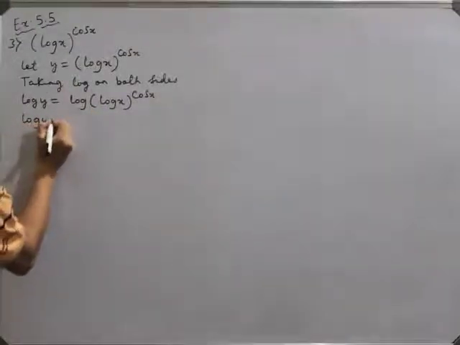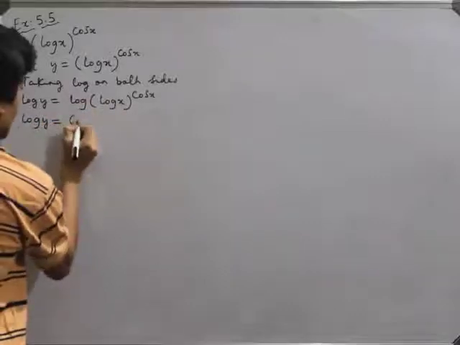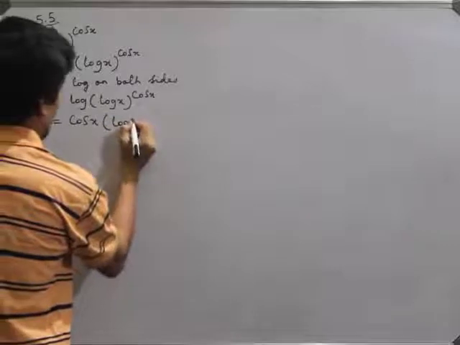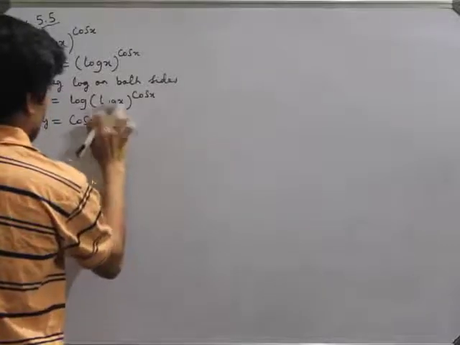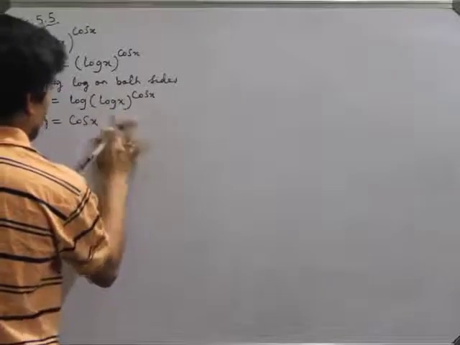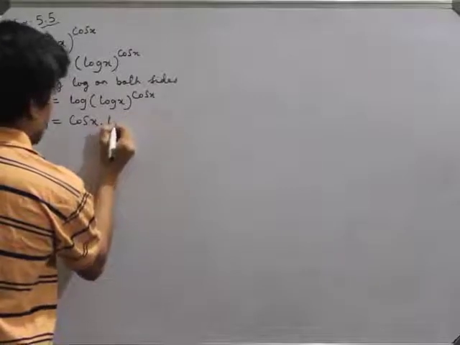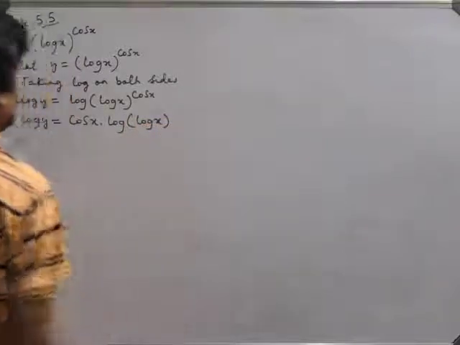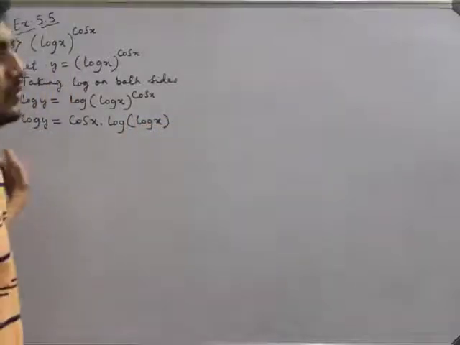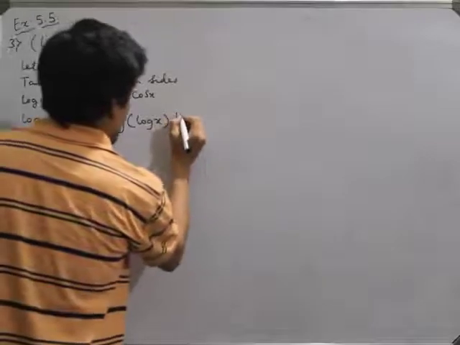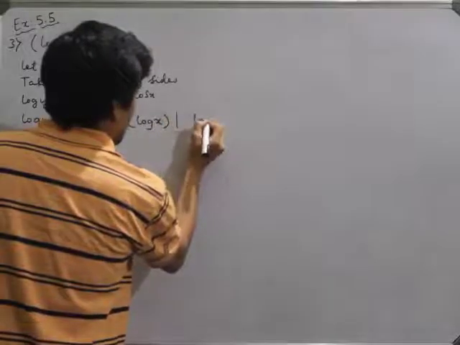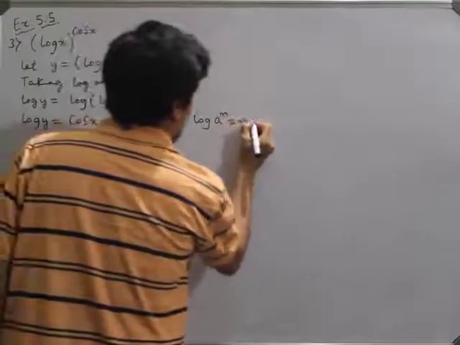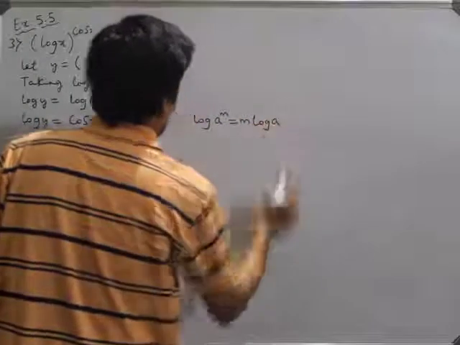Log y is equal to cos x into log of log x. And don't forget to write the justification here. Why did you write it like this? Because log of a raised to m is equal to m log a.